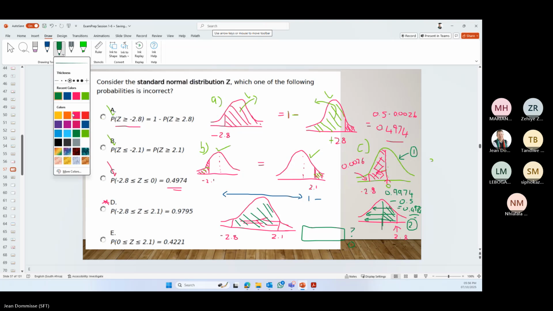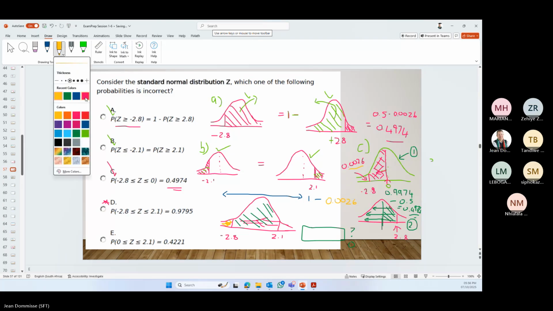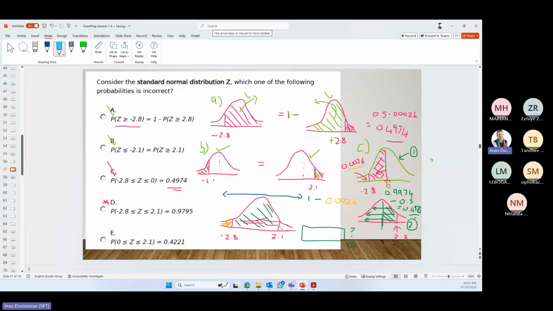So what we will subtract is, let's say, the orange area. The orange area we have already seen in the previous one is 0.0026. And then what we also need to subtract, let's make it light blue, is this light blue area. So that's another one that we need to subtract.